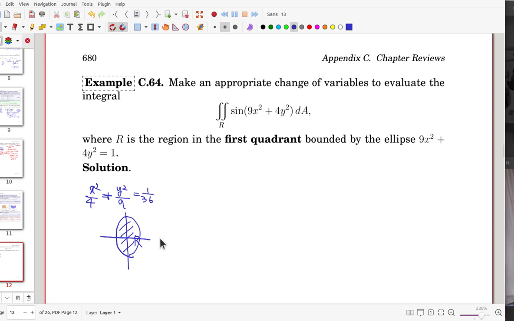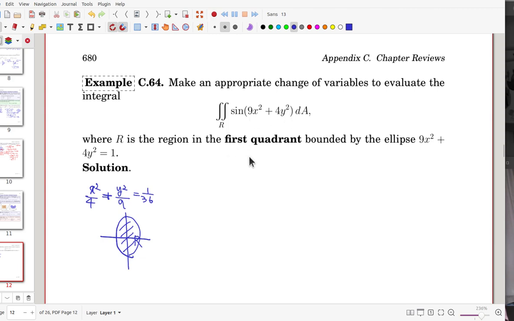Over R, you have to get this integral. But for this one, it's not easy, so we have to change the variable. For example, rather than this region, let's try to make a really circular region. In order to do that, we may consider from here.